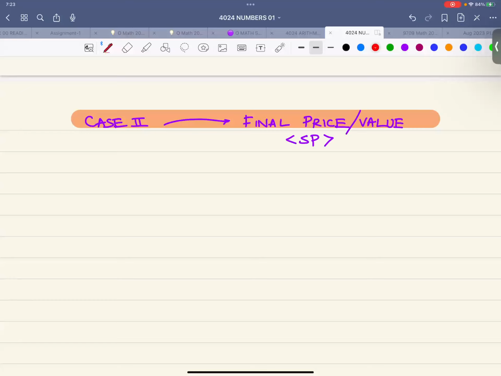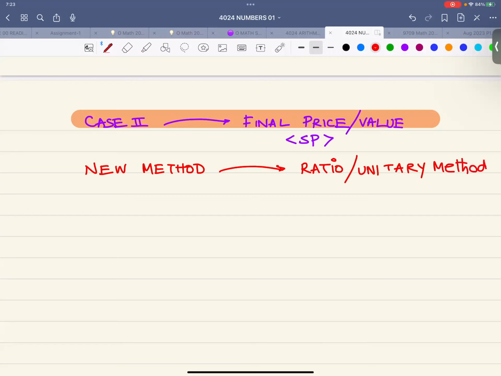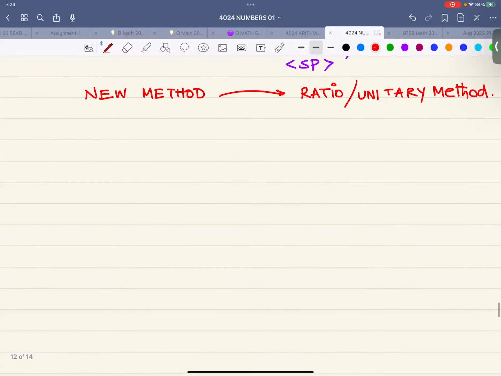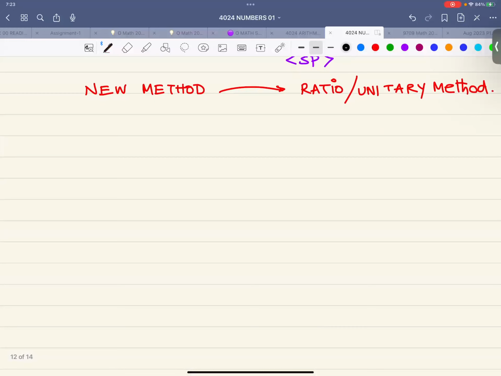But now we are using a new method, and this method is related to the ratio method or the unitary method. Now, how will we work it out? In order to get started, let me first give you the example of 100. 100 is a number that we use in percentage questions.